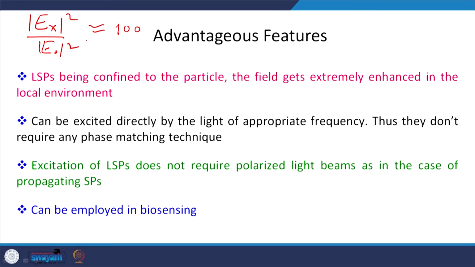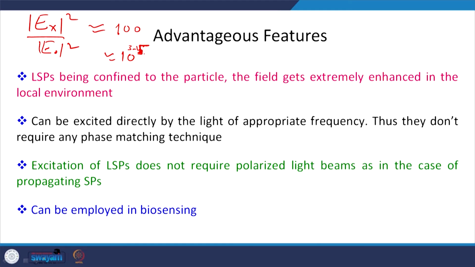But in this case the particle is much smaller, so you get enhancements of the order of 10 to power 3 to 10 to power 4, maybe even 10 to power 5 or more, depending on the configuration. Most important thing is that it can be excited directly by shining light of appropriate frequency.